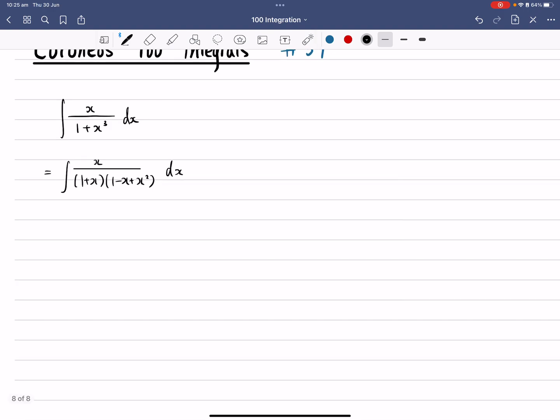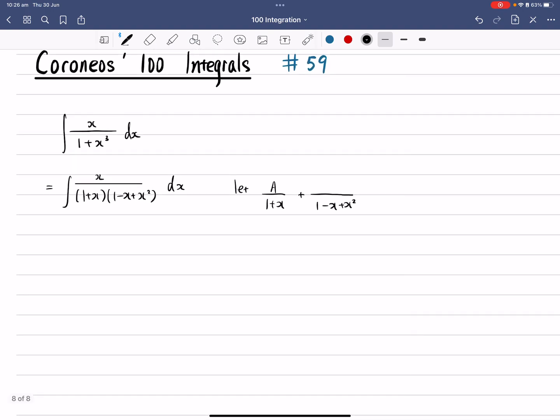Once you get to this point, we can say let a over 1 plus x, plus, for the next one, because the denominator is 1 minus x plus x squared, the highest power is 2, so the top has to be a linear function, bx plus c.